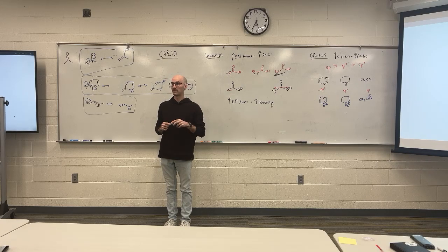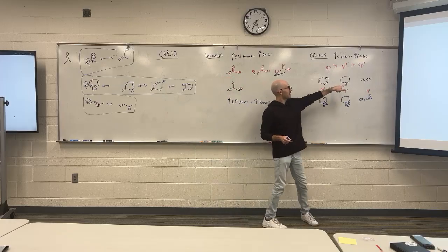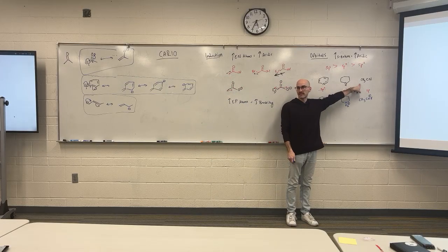The far right. The one on the far right must be the most acidic because it has the most S character. It's SP. Meaning this must be the worst base because its conjugate acid is the most acidic.